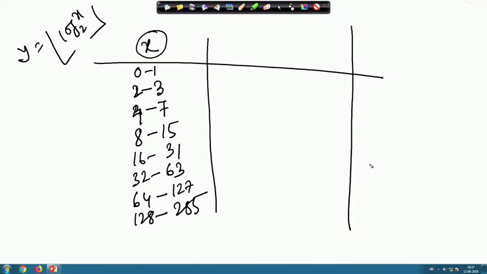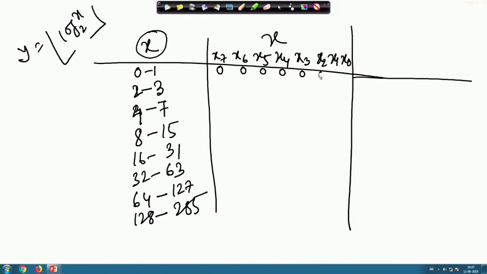So, if I consider this x, that means x7, x6, x5, x4, x3, x2, x1 and x0. If I write it like this, for any value in the 0 to 1 range, that will be 0 or 1.